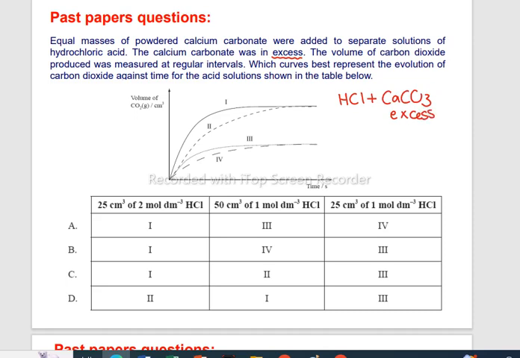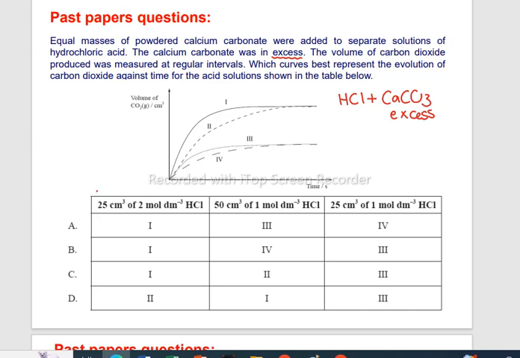Now the chemical reaction produces carbon dioxide. Which curve best represents the evolution of carbon dioxide against time for the acid solutions shown in the table below? Okay, I have 3 different experiments. In the first experiment, there is 25 cubic centimeter of 2 molarity HCl.